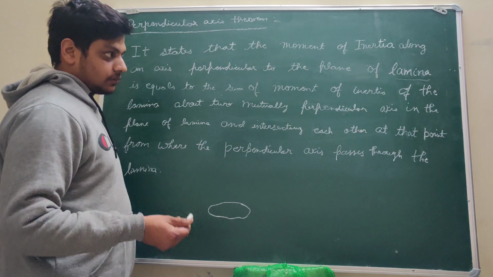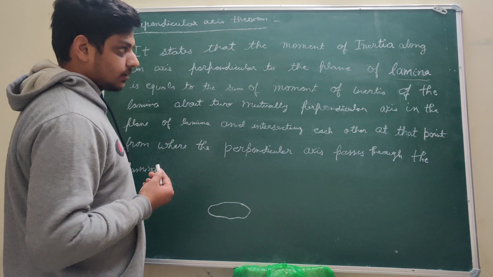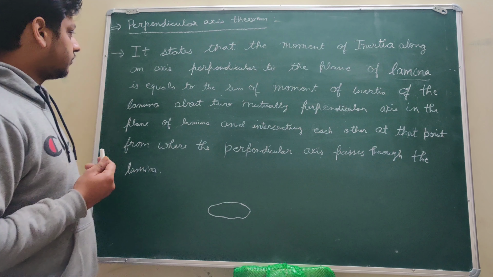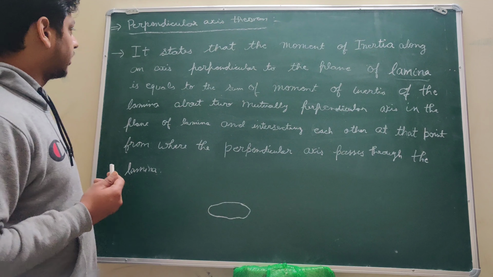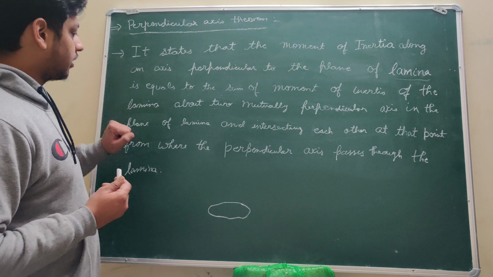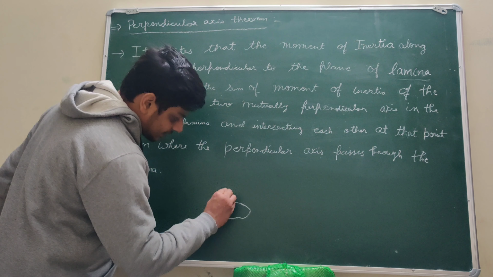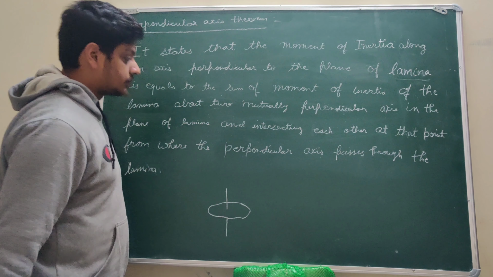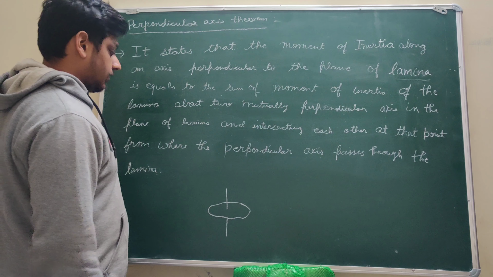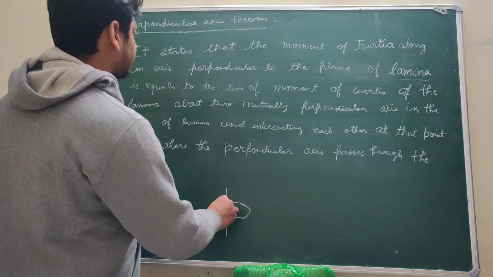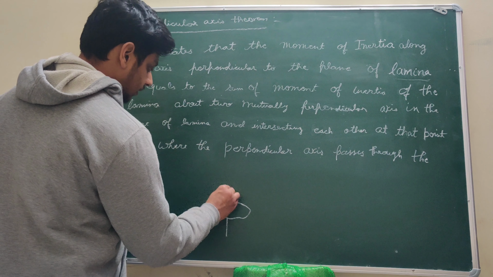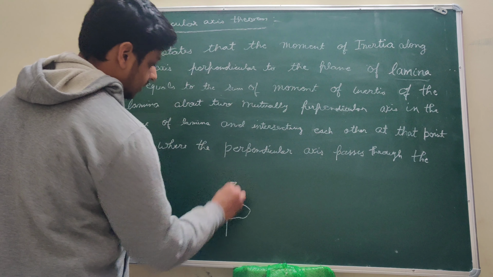A thin plate, we can say, is a type of lamina. So this is our lamina, and a perpendicular axis is passing through this lamina, and we can take it as a z axis.